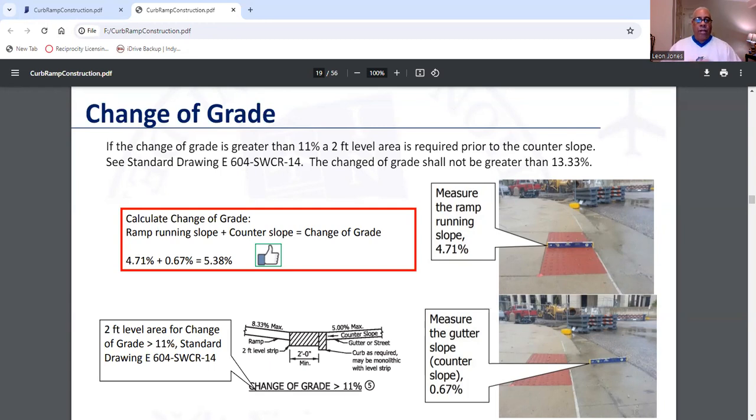And then you have the calculated change of grade. And that's where you get your change of grade. Some people call it the change of grade, some call it the algebraic slope, but when you add the running slope and the counter slope together, that's when you get your change of grade.